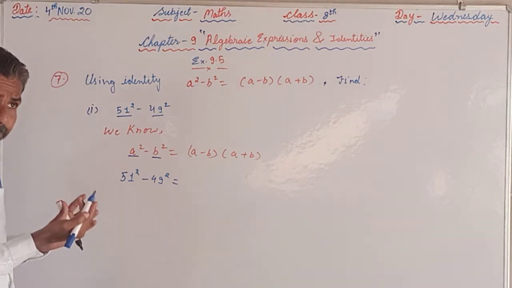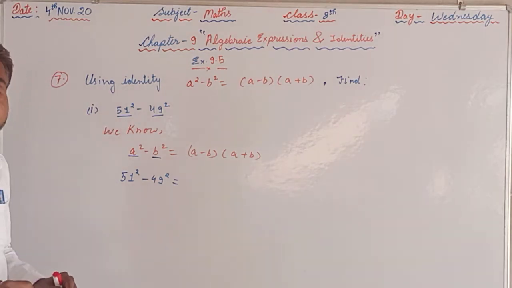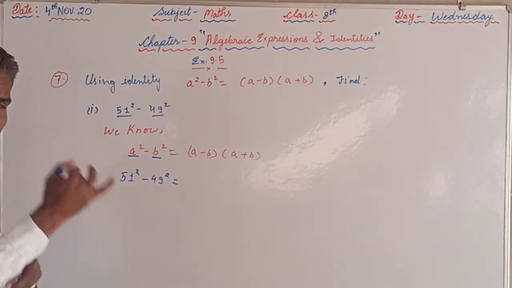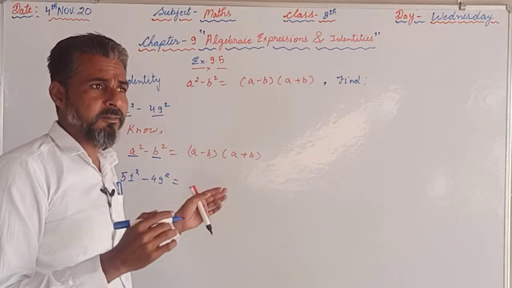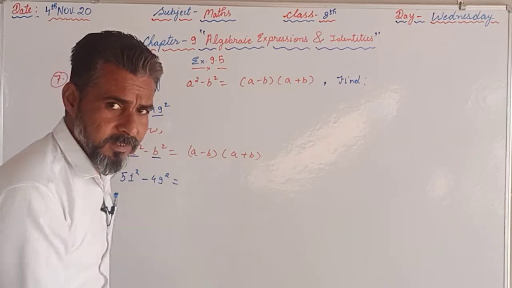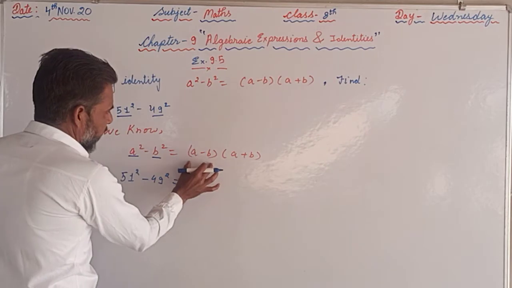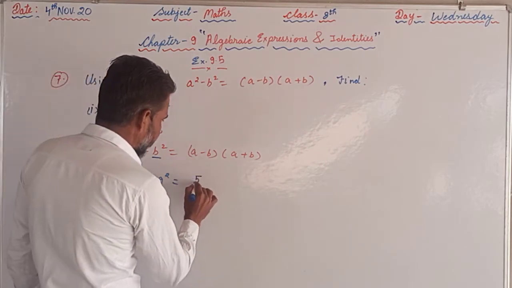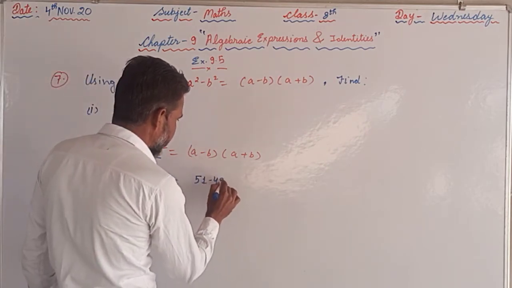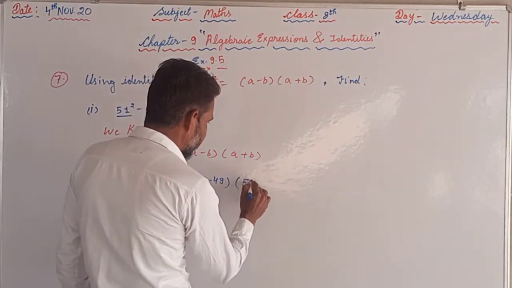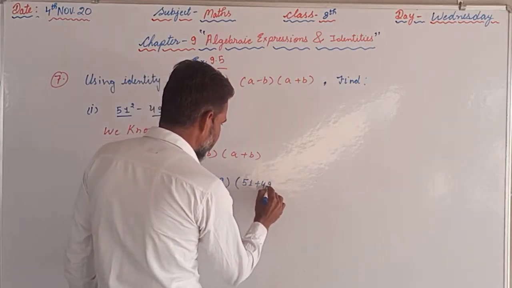As we have substituted the values of a and b on the left hand side, we are supposed to do the same thing on the right hand side also to get the answer. A minus b is 51 minus 49, and a plus b means 51 plus 49.